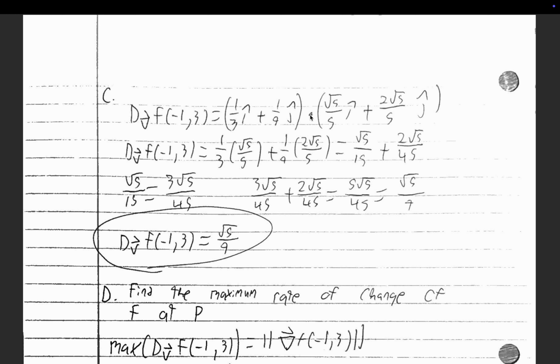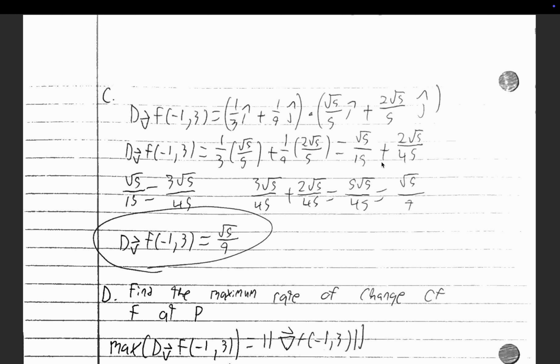We need to find the dot product between these two vectors, so let's multiply the components of i and add that to the product of the components of j. 1/3 times rad 5 over 5 is rad 5 over 15, plus 1/9 times 2 rad 5 over 5, which is 2 rad 5 over 45.